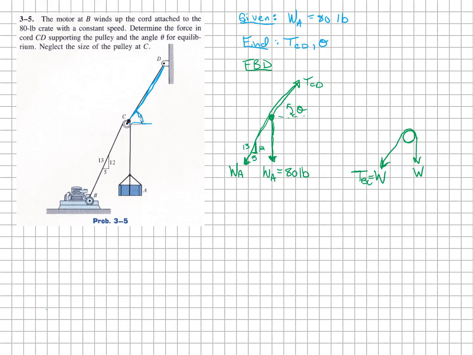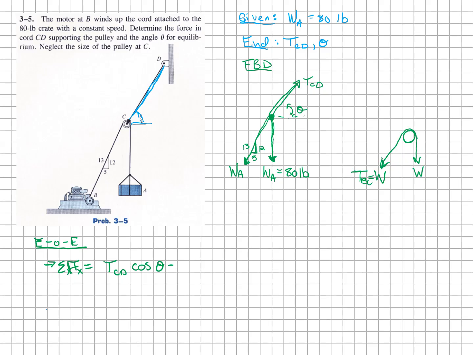So then I could write my equations of equilibrium. Summing the forces in the x direction, the sum of the forces in the x direction will be TCD cosine of the angle theta. We don't know either of those, so we'll just leave that there.